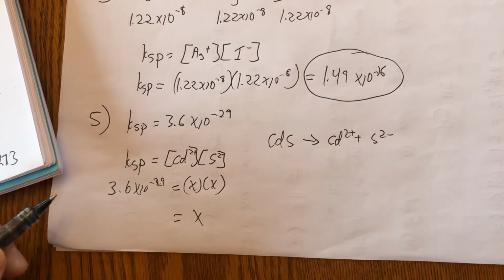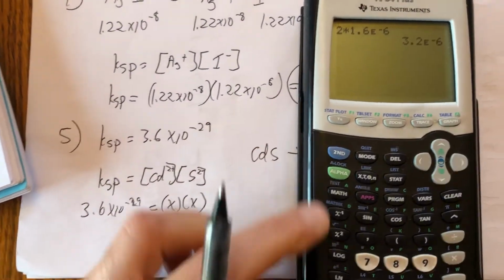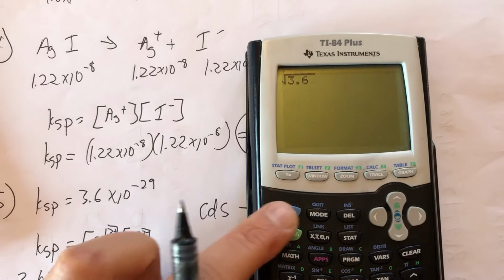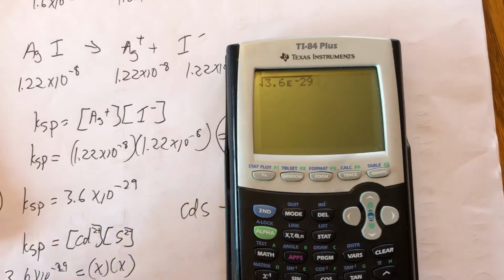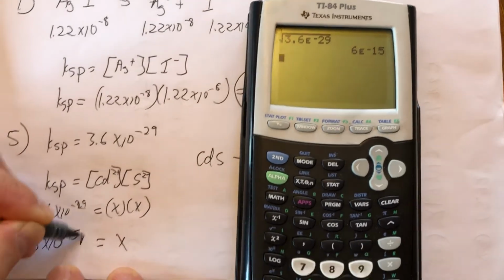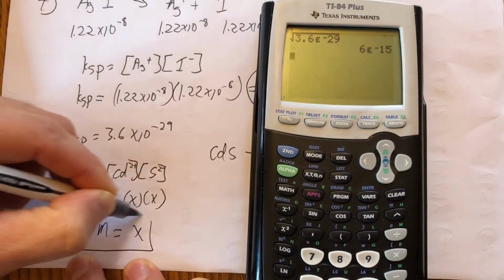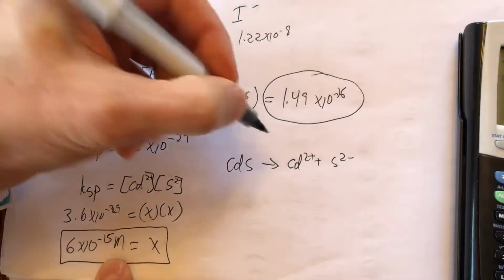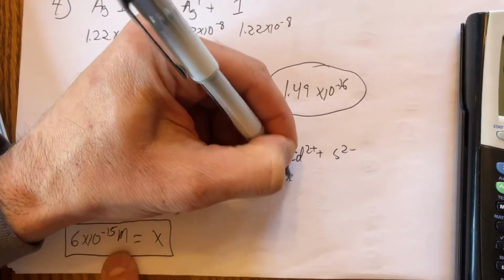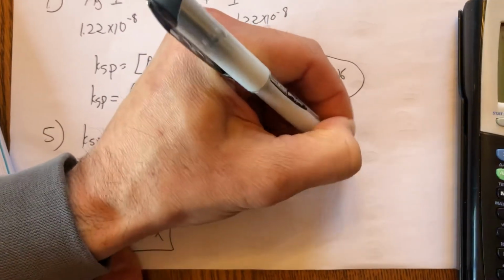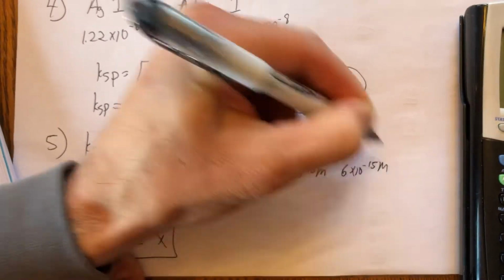So x is going to be the square root of 3.6 times 10 to the negative 29, and I get 6 times 10 to the negative 15. So that's the molarity that each would be. So when this dissolves, I would get a molarity of 6 times 10 to the negative 15 molar for cadmium, and I'd also get 6 times 10 to the negative 15 molarity for sulfur.